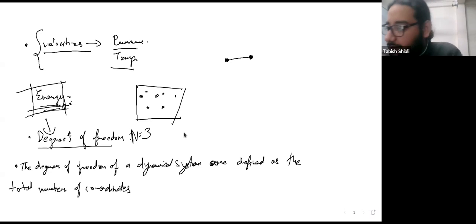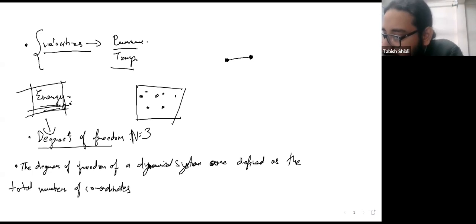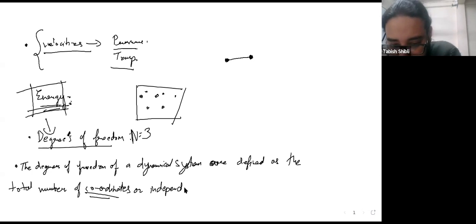You can think of these as coordinates, right? So these are essentially the directions in which you can move. So those are essentially the coordinates, or independent quantities.